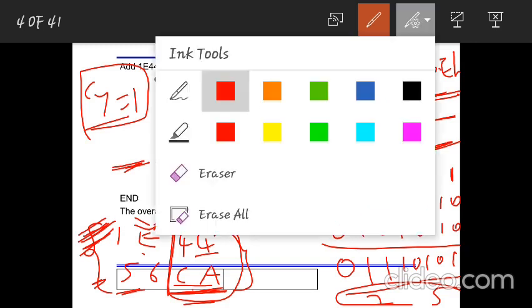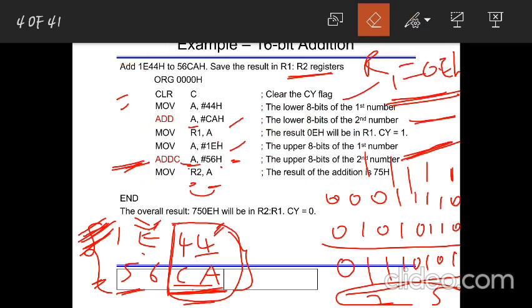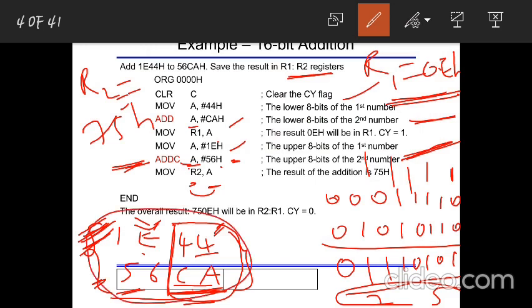So now R2 is equal to 75H. Is that fine? So now after adding the complete 16 bits of the two numbers, I got the result as 75 and 0E. See, 75 after adding both higher bits.